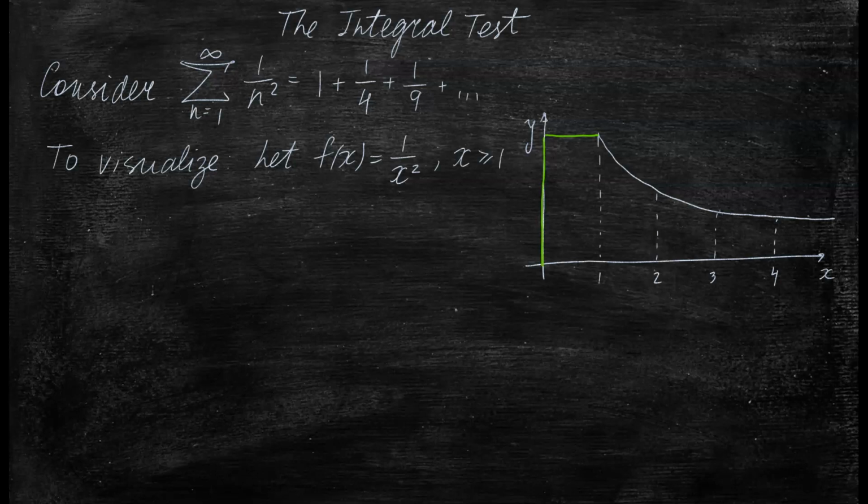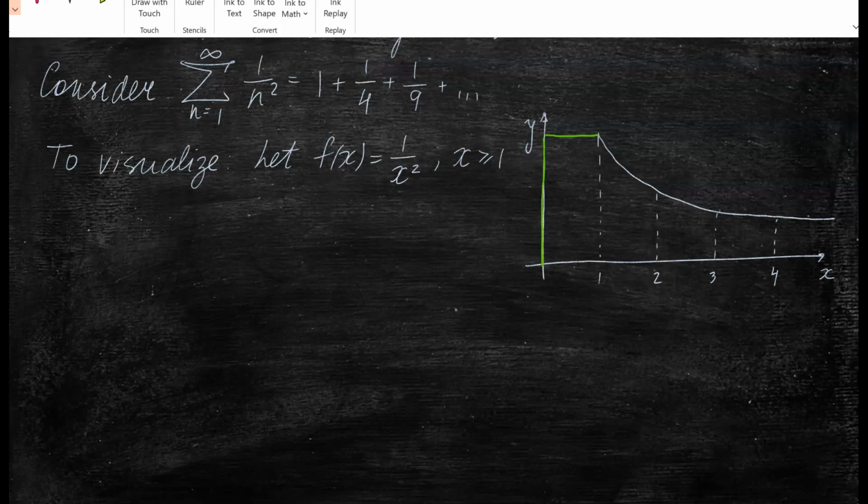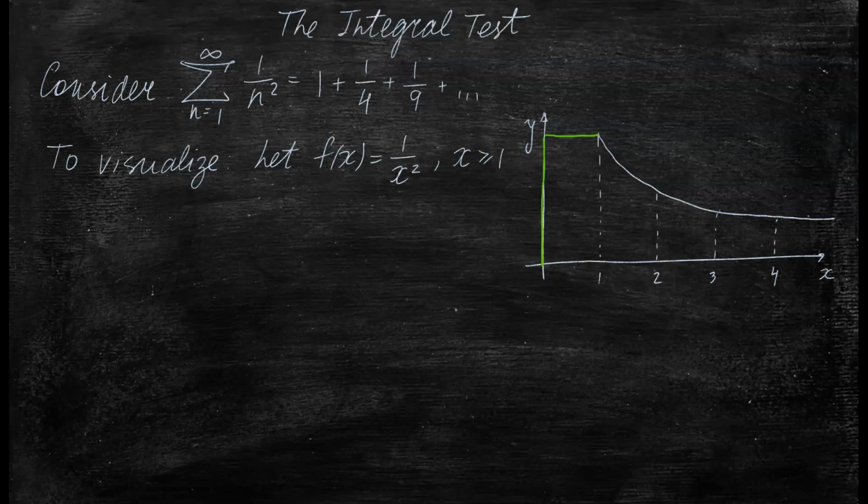So again, the vertical scale is a little different here. So let's say this is our 1, and then the area of this green bar will be the base 1 times the height, but the height is equal to the output at 2, which is 1/4, and so on.